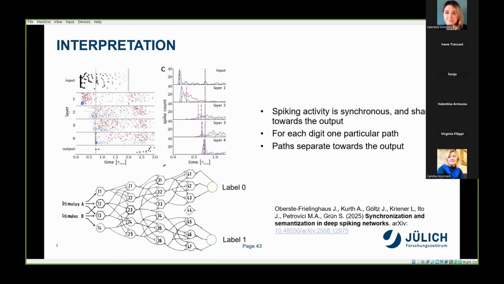However, they separate more and more, so that they become different paths which in our case converge to different labels. So I was super happy about this finding.